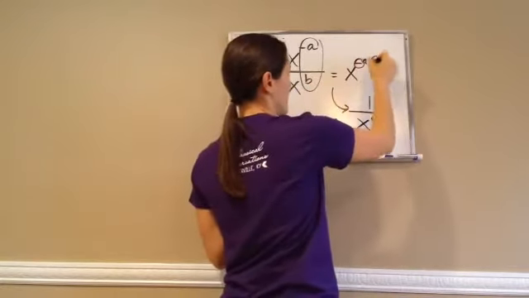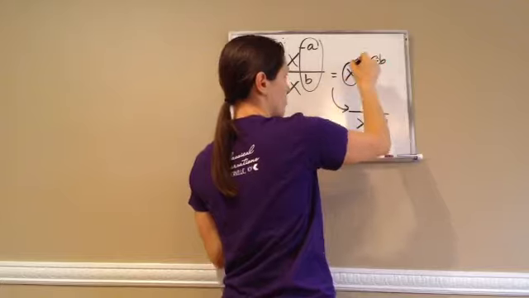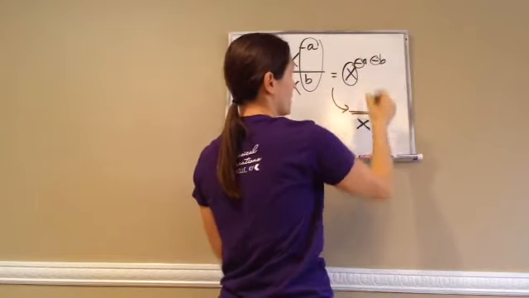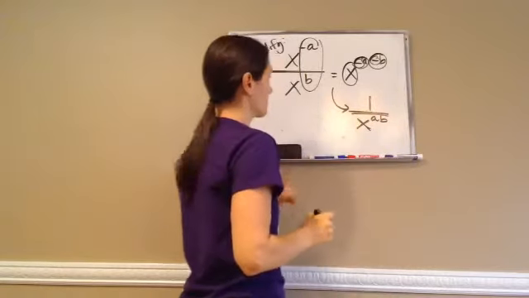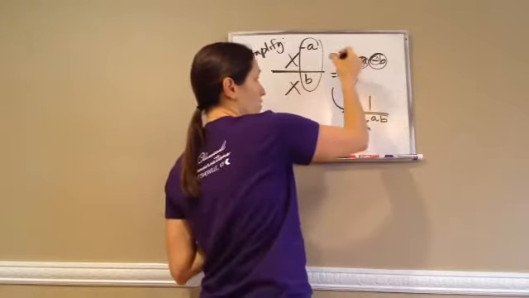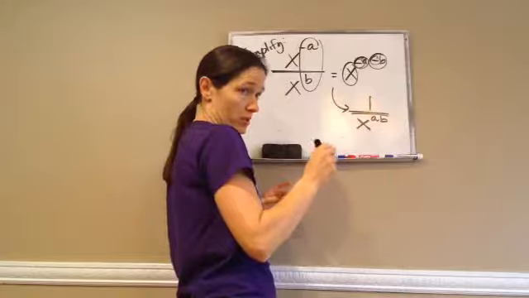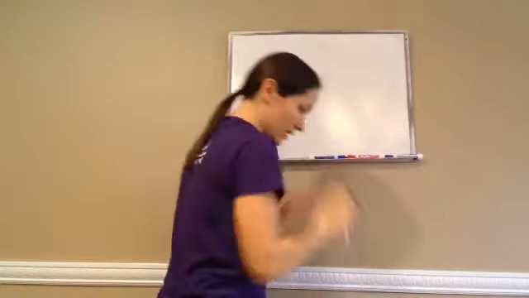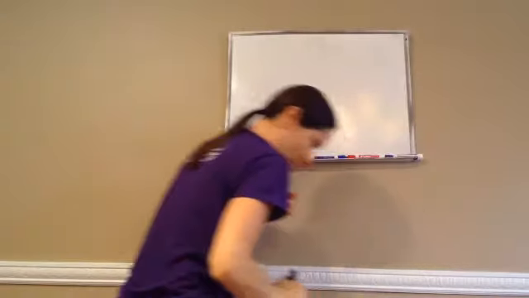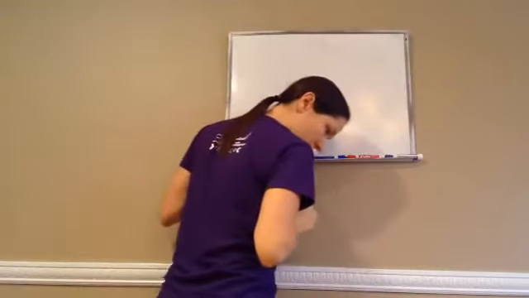Because remember, these change. This becomes its reciprocal, 1 over x, and this negative a becomes a, and this negative b becomes b. Alright? So they're actually wanting you to write it in both forms. So you remember that, okay? All right, let's do a few more, and then we're moving on to something a little bit harder, even more.